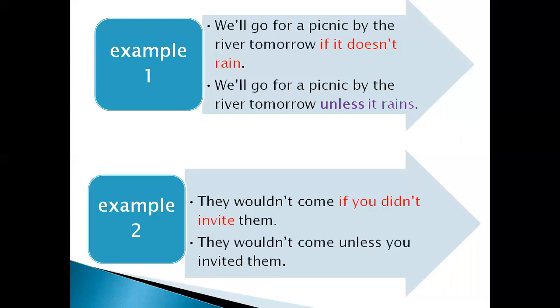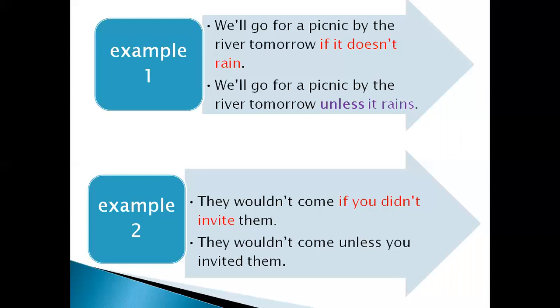So no need for did and not. And this is the main difference between these two forms, if not and unless. With unless, we don't need a negative form because we would have a double negative, but with if we use the negative form not. That's why we have to use an auxiliary verb.